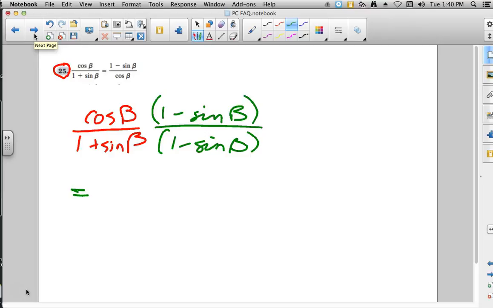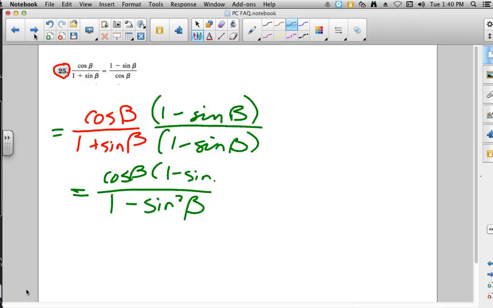So in the denominator, we have that difference of two squares pattern again. So that will be 1 minus sine squared beta. And in my numerator, I have cosine of beta times the quantity 1 minus the sine of beta. Now, I look at the denominator and I notice, wait a minute, that is cosine squared beta.